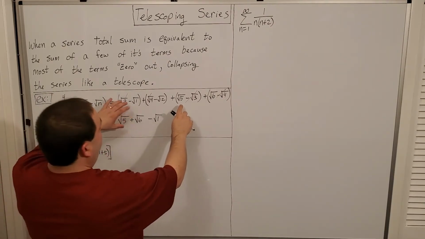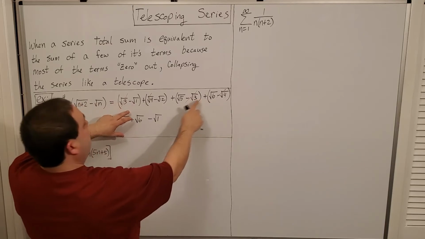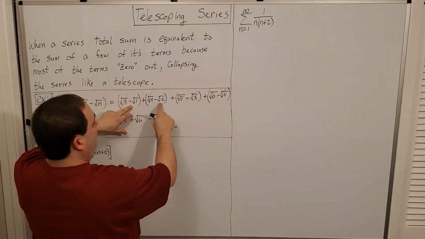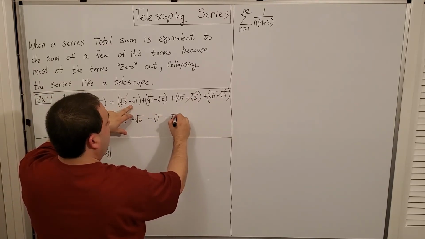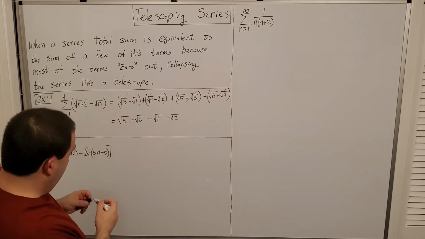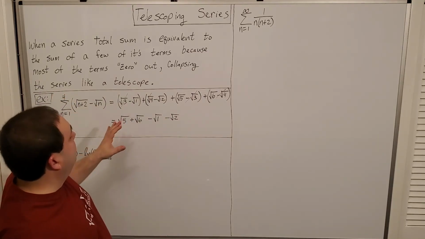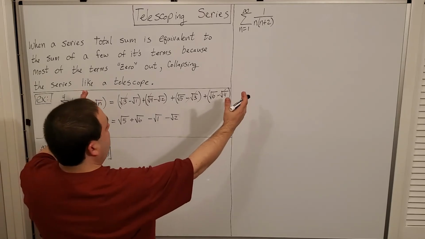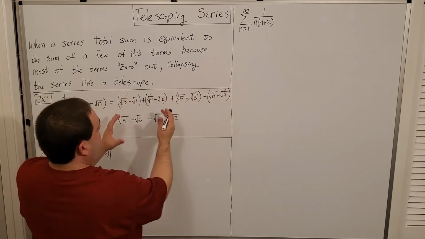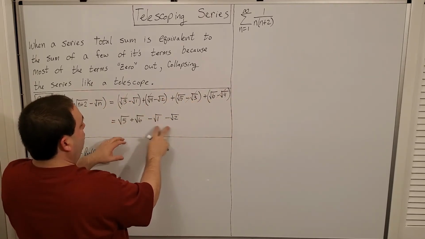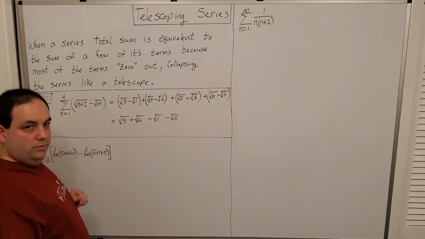So I'm actually left with the square root of 5, the square root of 6, the negative square root of 1, and the negative square root of 2. So then I've actually got the telescoping series just collapsed down to a couple of the beginning terms and a couple of the ending terms.